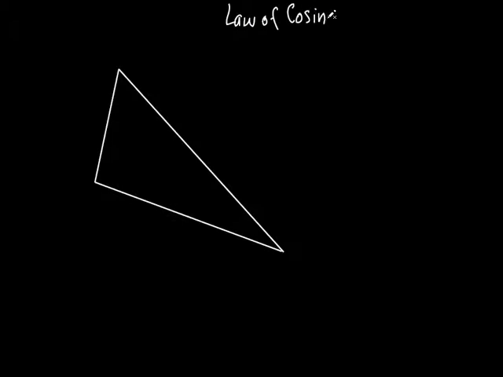And when do we use the law of cosines? We learned when to use the law of sines. When do we use the law of cosines? When you have side, side, side. So if I know all three sides, I can use the law of cosines. Okay, and when you also have side, angle, side, when the angle's in between the two sides, then you can use law of cosines. All right, so in those two situations, that's when you're going to use the law of cosines.